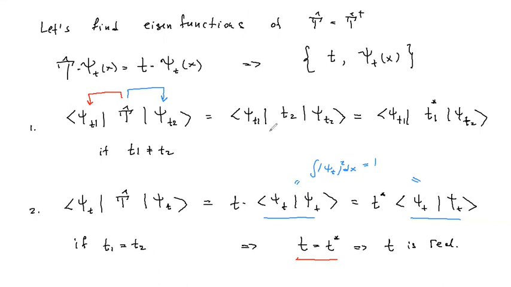Then what can I learn from the first line? I can move this constant out. And I can also take into account that eigenvalues are real numbers, so I don't have to put conjugation here. So from the first line, I can get T2 times the integral of psi T1, psi T2 equals T1 times the integral of psi T1, psi T2.